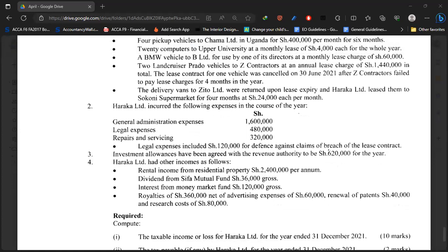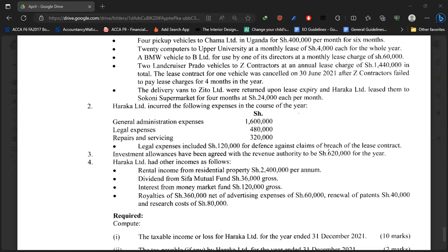The lease contract for one vehicle was cancelled on 30th June 2021 after Z Contractors failed to pay lease charges for 4 months in the year. The delivery vans to Zito Limited were returned upon lease expiry, and Haraka Limited leased them to Sokoni Supermarket for 4 months at 24,000 shillings each per month.